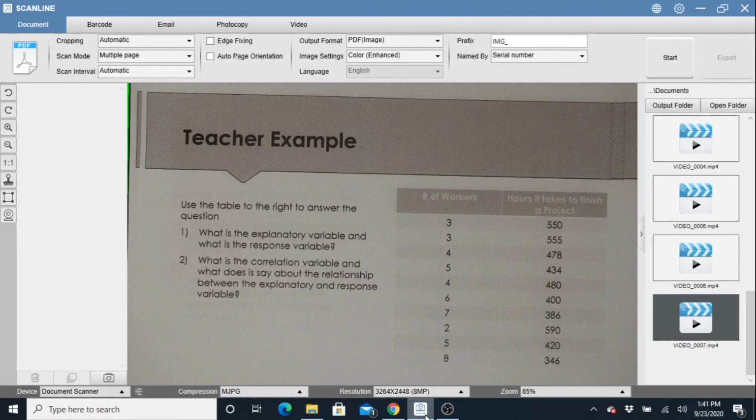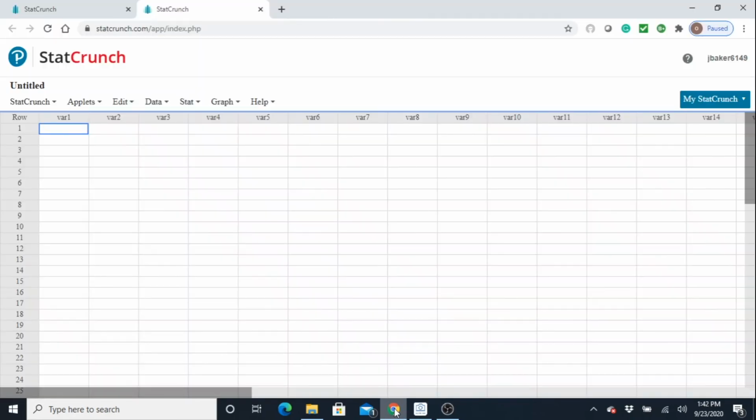So, let's see. I want to do some StatCrunch. And hopefully, if this worked out, it should have flipped over onto the video and you should be able to see StatCrunch now. If not, I'm going to have to reshoot a little bit. Hopefully that's not the case. But what I'm going to do here first is put in the number of workers, and I'm not going to put in that whole title, I'm going to put hours instead of number of workers.